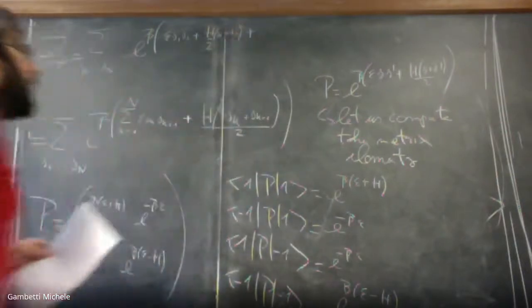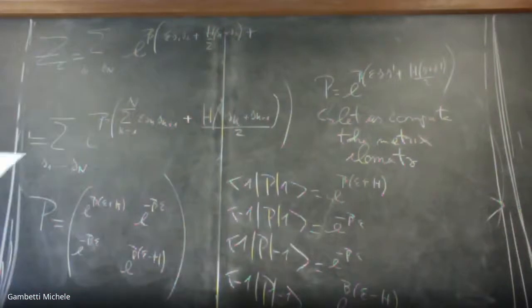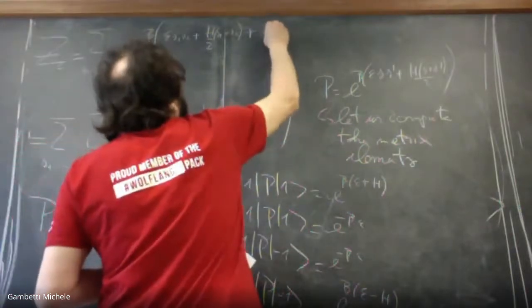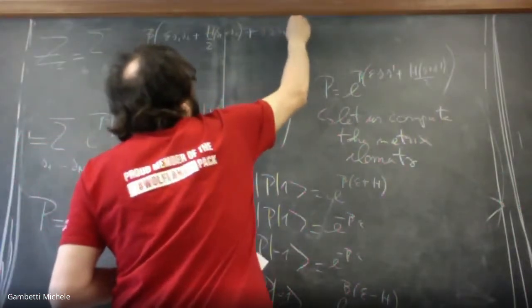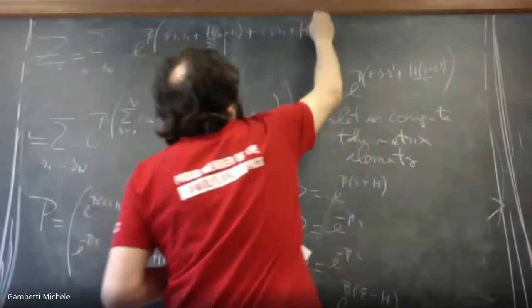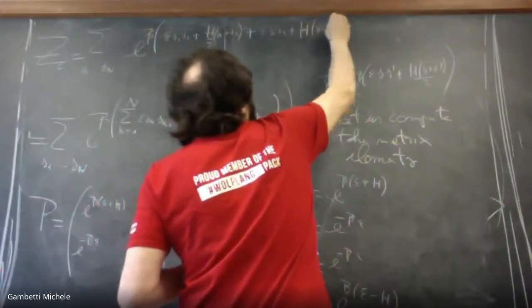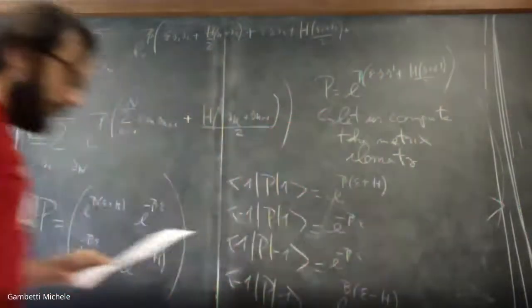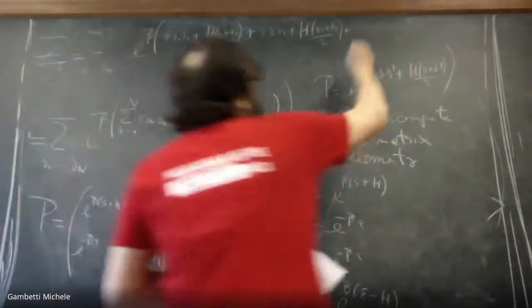This is for 1, 2. Then I will have epsilon S2, S3 plus h S2 plus S3 divided by 2, plus all the other terms. Okay?